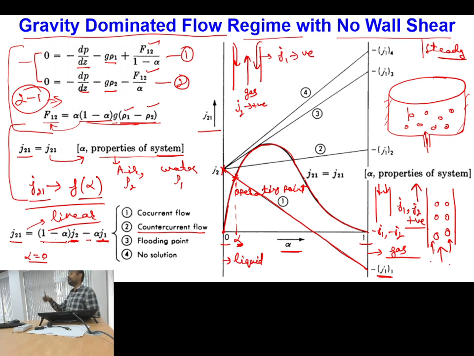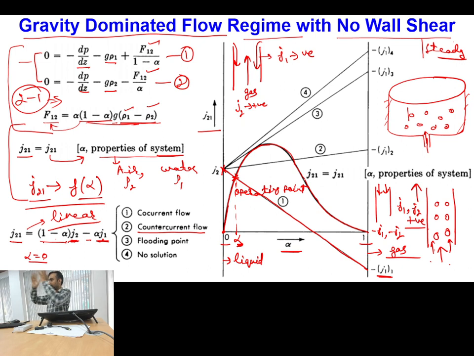And counter current flow cannot exist for the reverse situation. I cannot have a counter current flow in which liquid is flowing up and gas is flowing down. So majorly counter current flow will only be sustained if liquid is flowing down and gas is flowing up, because of the body forces.